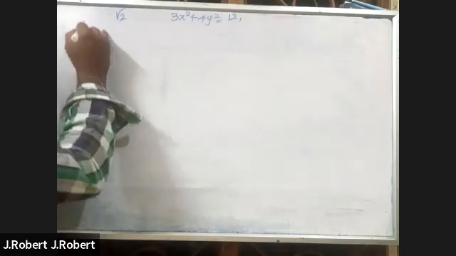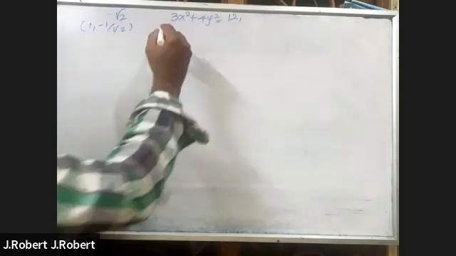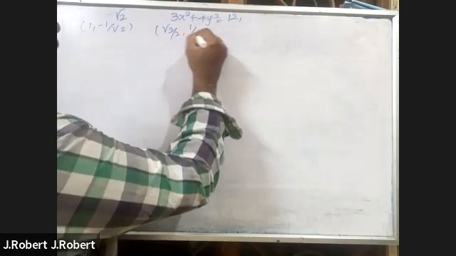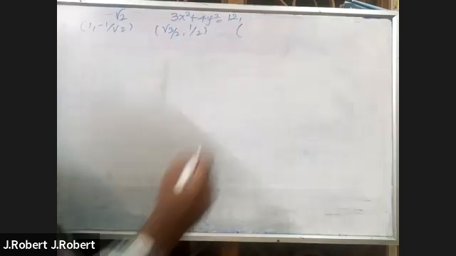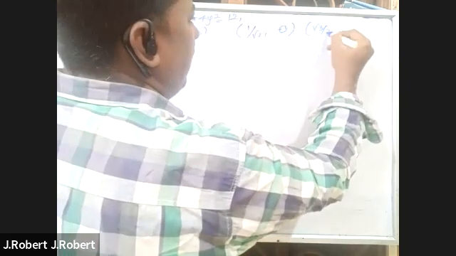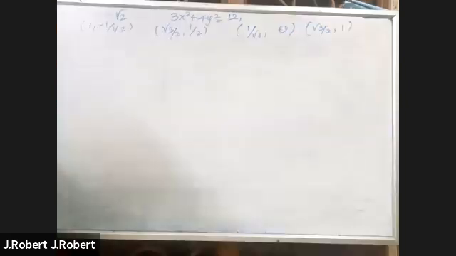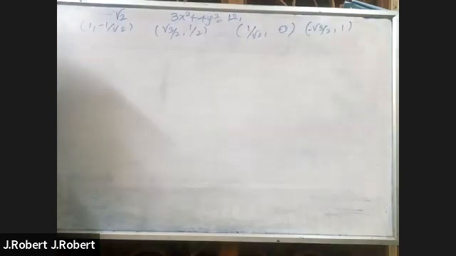Take down the points: 1 comma minus 1 by √2; 3 by 2 comma 1 by 2; the second option, 1 by √2 comma 0; and minus √3 by 2 comma 1. These are the 4 points given.